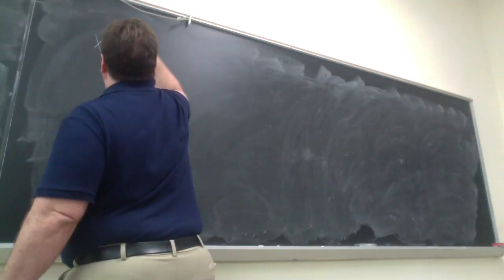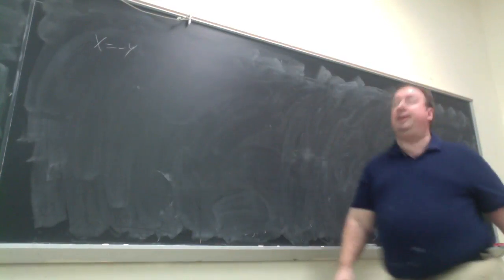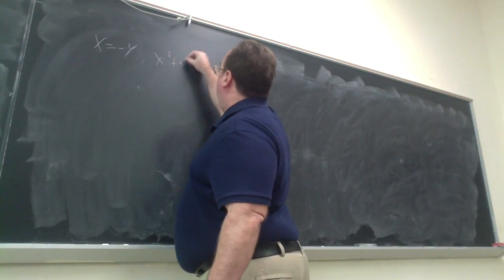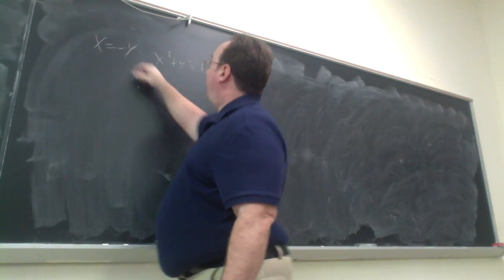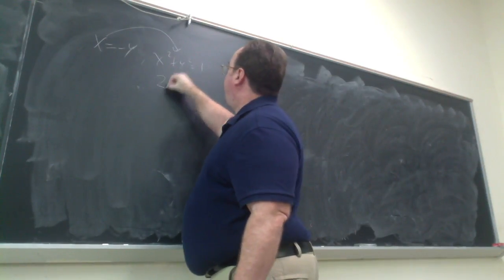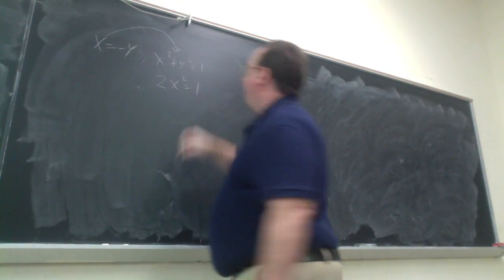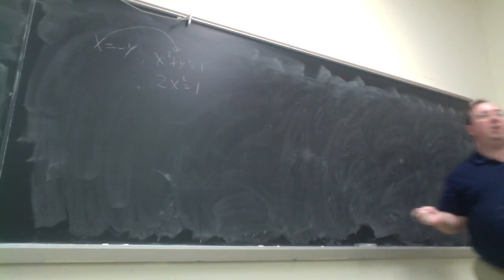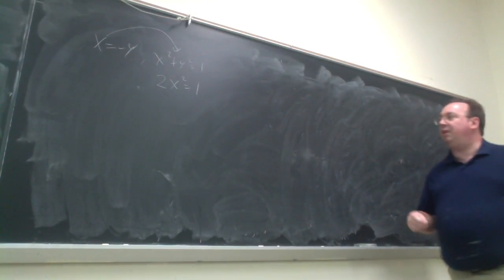So from x equals minus y, and we also have the equation x squared plus y squared is equal to 1, I can substitute in here 2x squared is equal to 1, because you square a minus y and you get positive y squared.